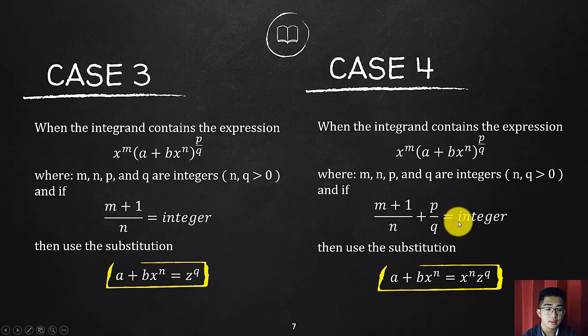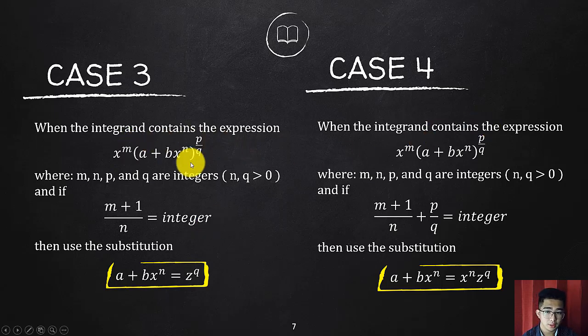If this one is an integer, then we substitute a plus bx raised to n is equal to x raised to n times z raised to q. So case 3 and case 4 are related to each other. We're looking for the same set of terms, but they are considering different conditions. Let's try to solve an example for case 3 or case 4.